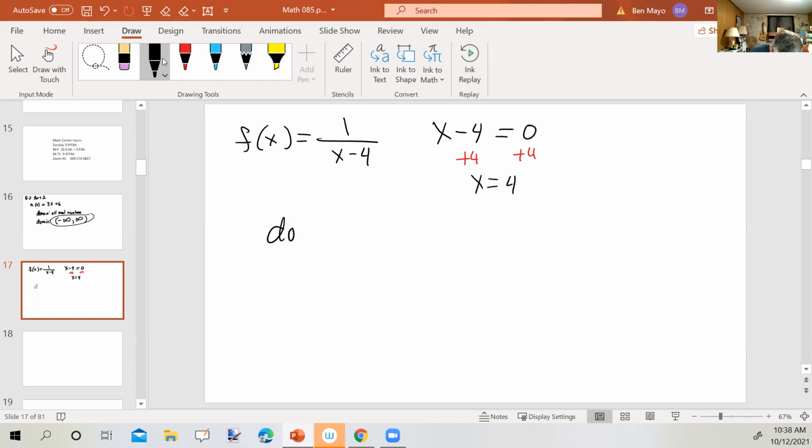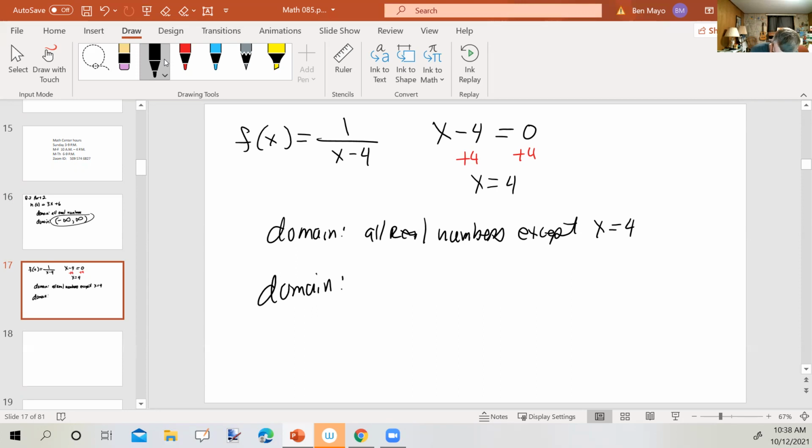So the domain would be all real numbers except x equals 4. Now, how would you say that in interval notation?